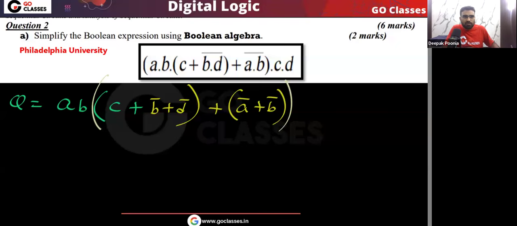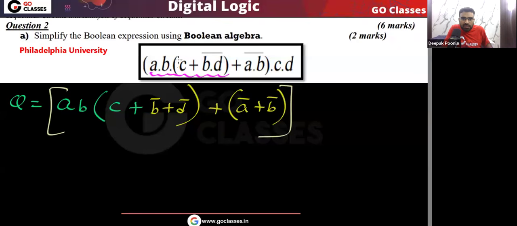We have AB, this bracket, or this. This is the given. If you look at the bracket, AB is with this. Notice one thing: AB and this or this whole thing. Yes, that is correct now.